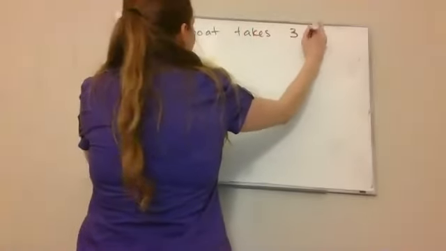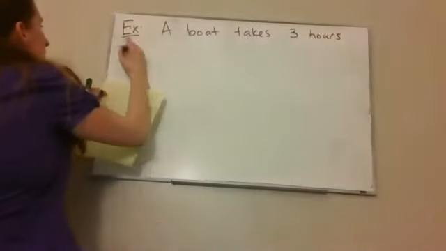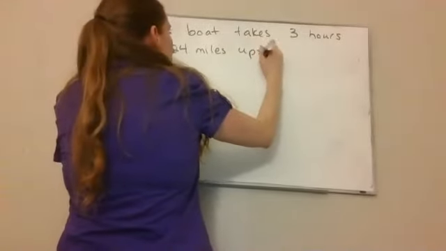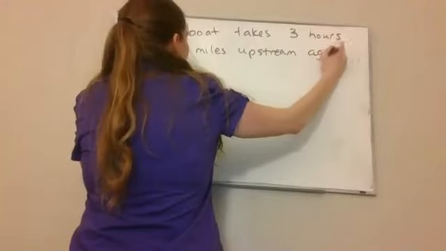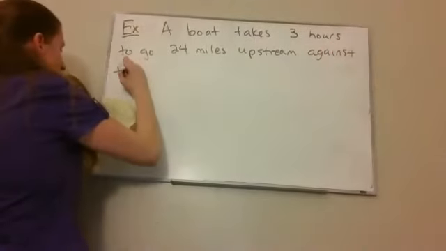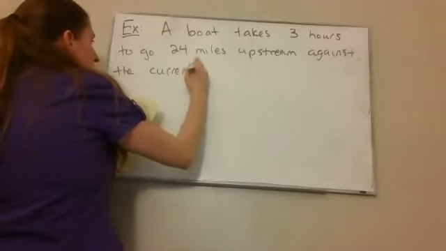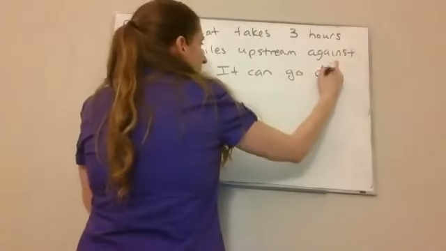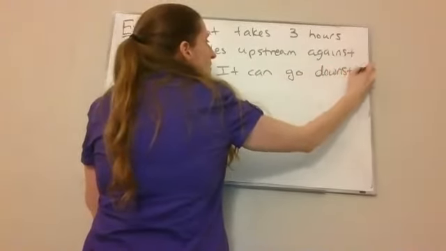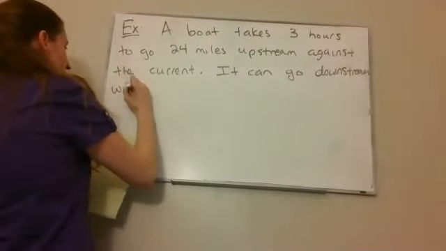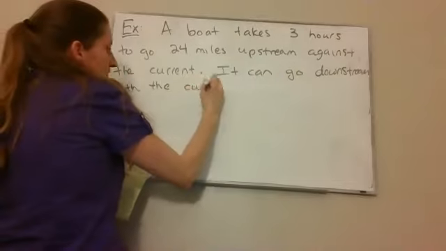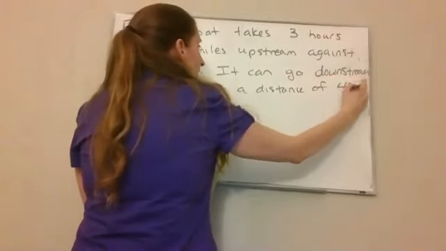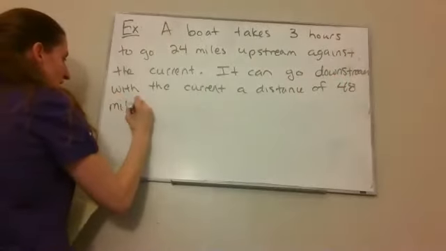A boat takes 3 hours to go 24 miles upstream against the current. It can go downstream with the current a distance of 48 miles in the same time.